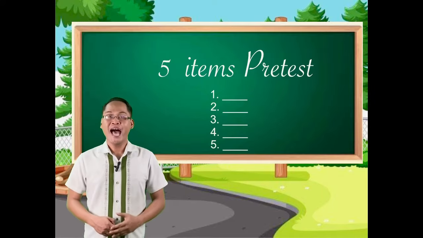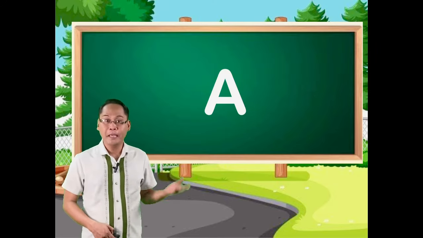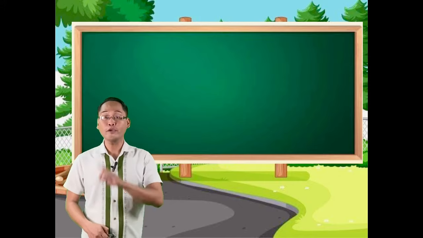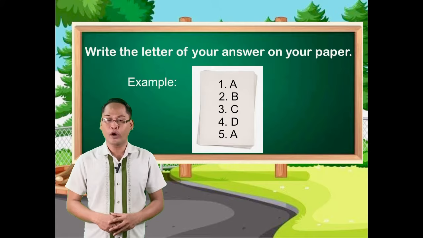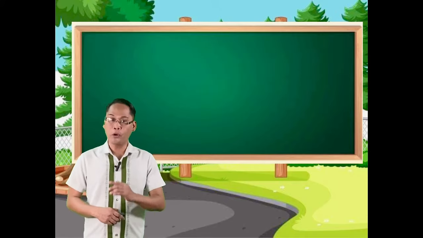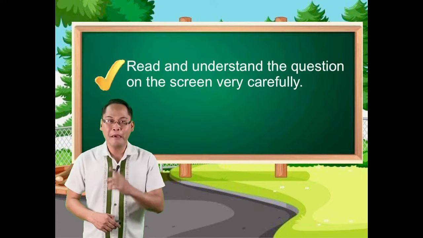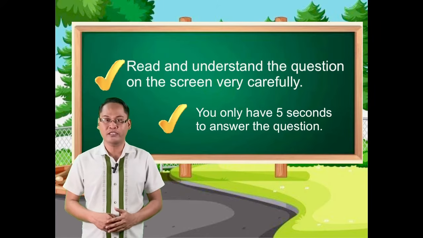Each question has 4 choices assigned with letters A, B, C, and D. All you have to do is write the letter of your answer on your paper. So, you have to read the question on your screen and understand it carefully. Remember, you only have 5 seconds to answer each question. So, get ready.